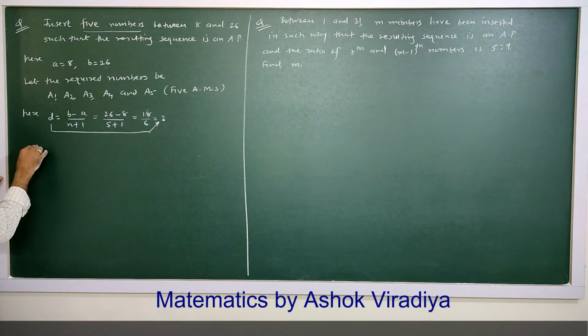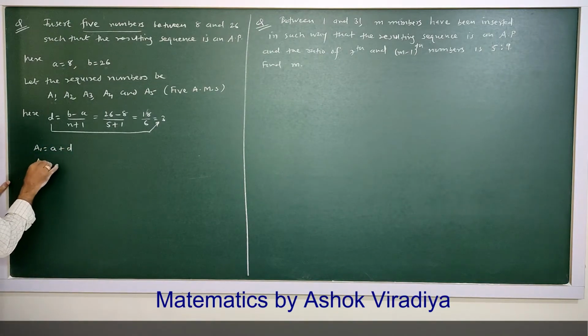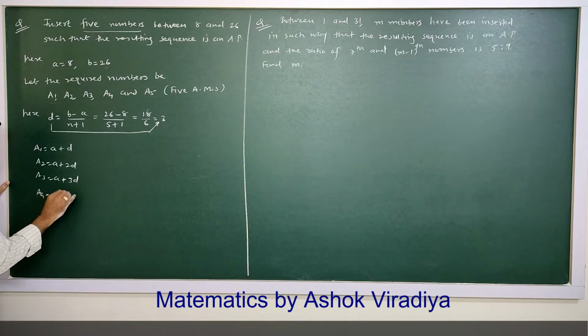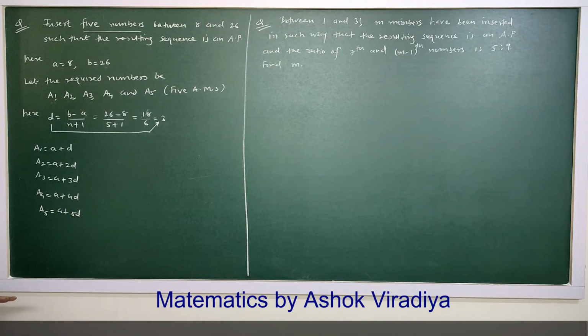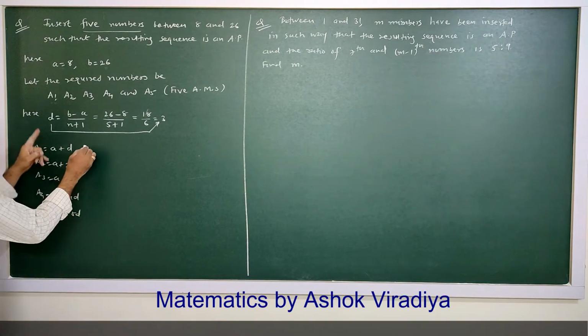Now A1 is A plus D, A2 is A plus 2D, A3 is A plus 3D, A4 is A plus 4D, A5 is A plus 5D. Putting values here, A is 8.